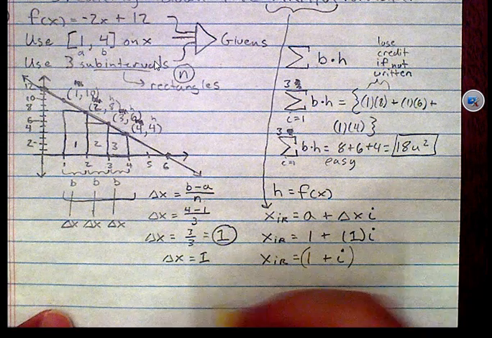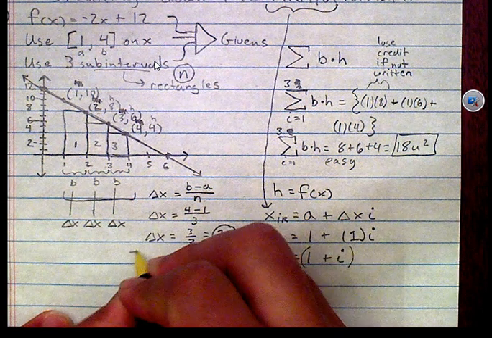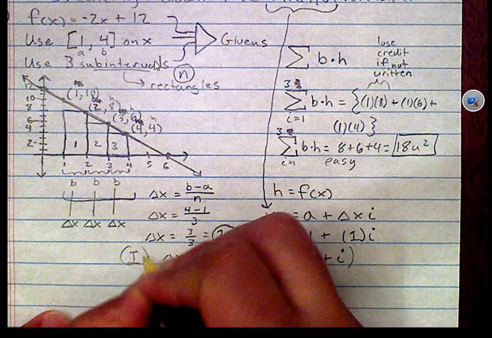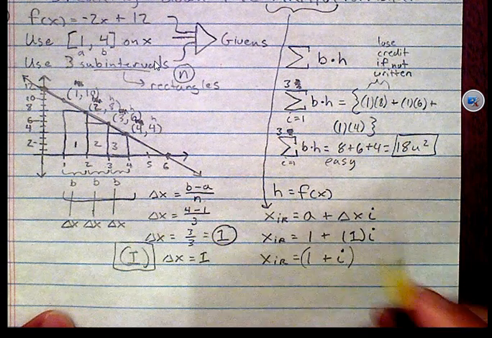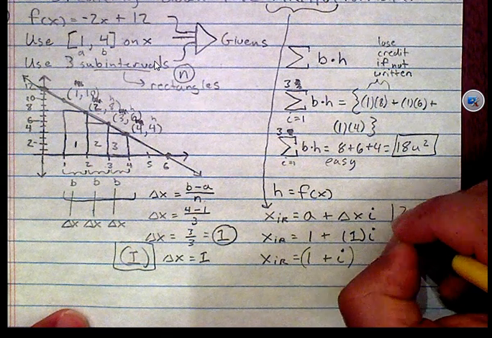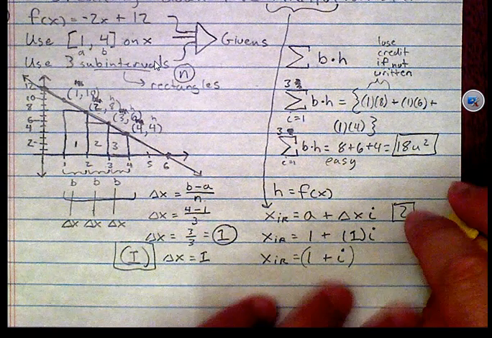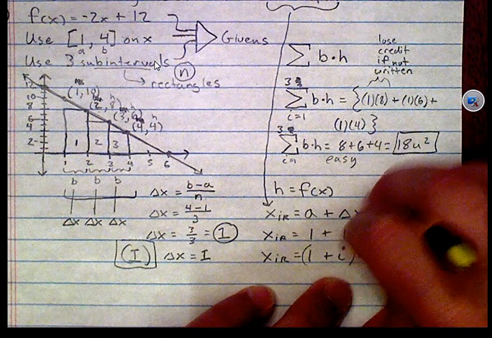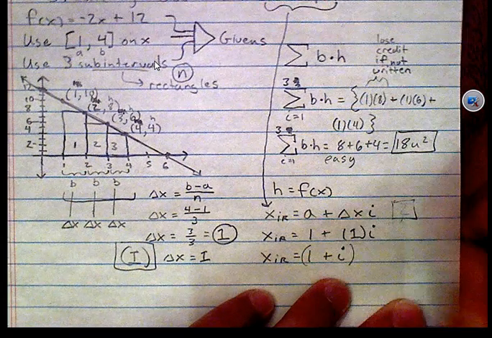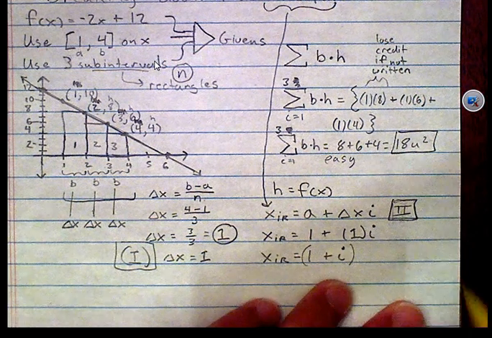So here's step 1, if you will, or step A, or Roman numeral. Step 1, right here, find your delta x. Step 2, right here, find your x of i.